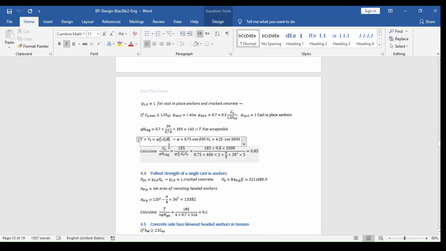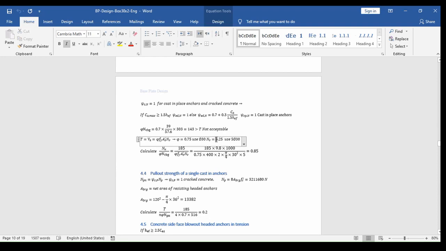Nv is the number of reinforcement, and A's is the area of one bar as a reinforcement. So I use V30, 30 millimeter as a single bar, and then we calculate Nv.